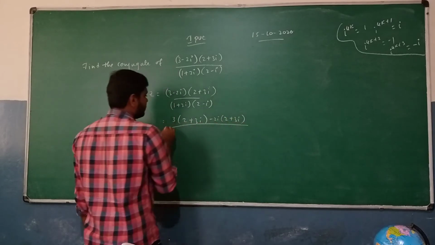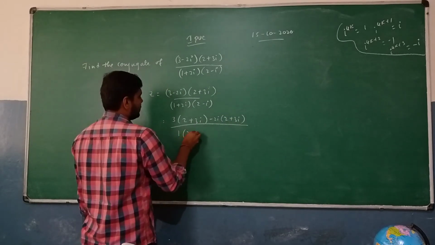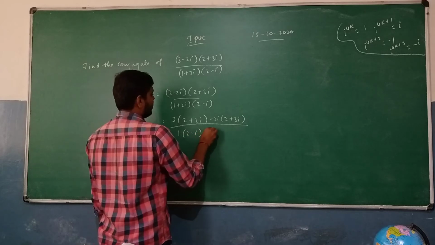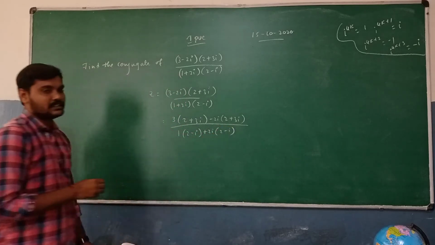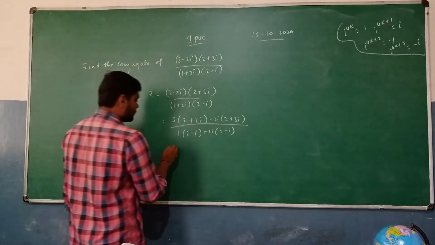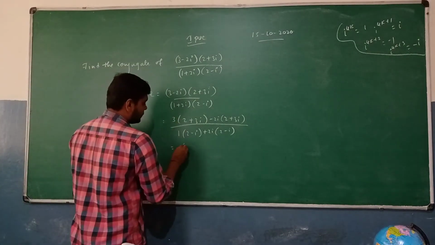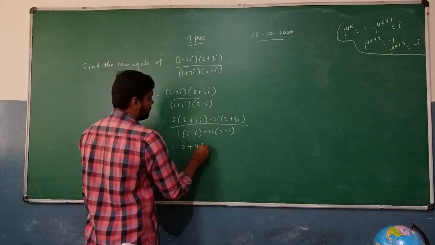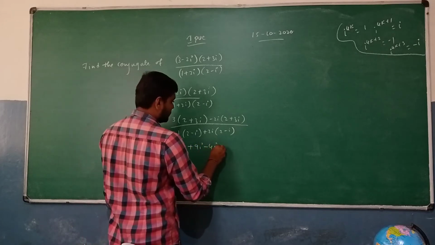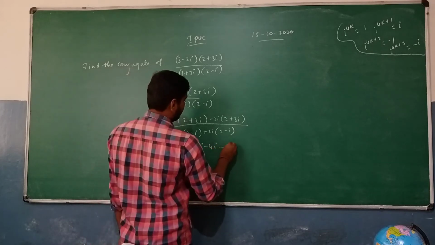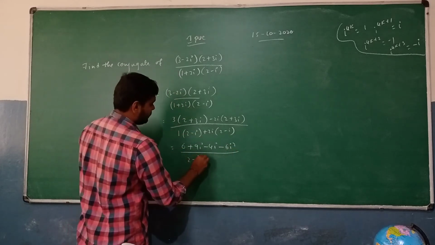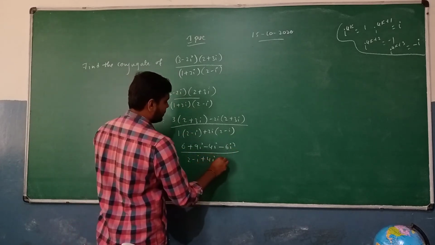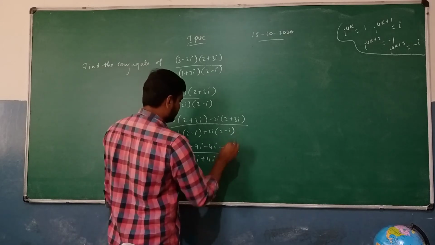In the denominator we have 1 into 2 minus i plus 2i into 2 minus i. That is equal to 6 plus 9i minus 4i, minus 6i square. The denominator is 2 minus i plus 4i minus 2i square.